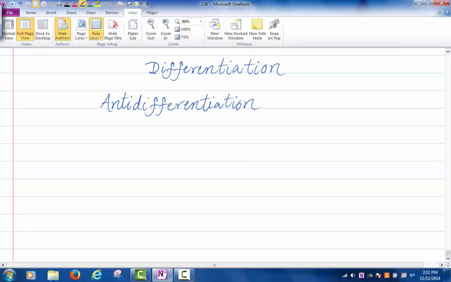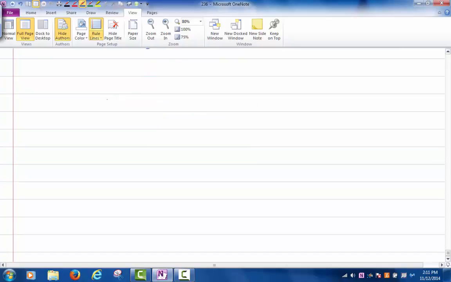So far you are given a function capital F, and you are asked to find the derivative of that function, and you find the derivative function, which is, let's denote that by lowercase f.